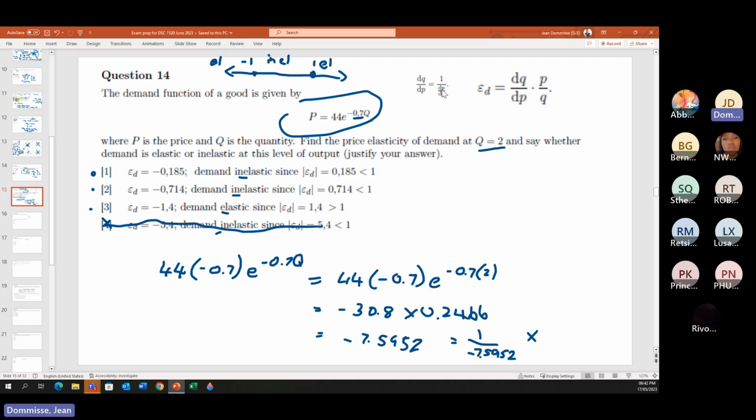Got that sorted out. Ah, another one that I need to work out. So if I put in Q there, okay, so I still needed to put Q in there.